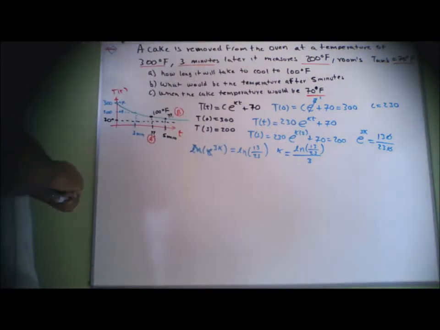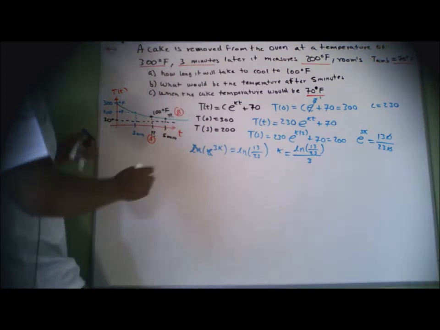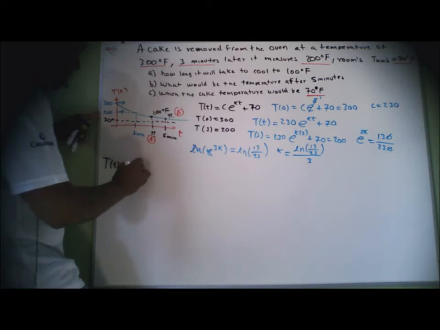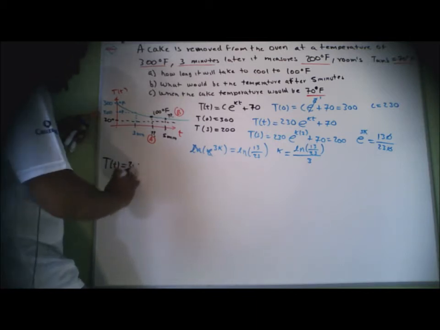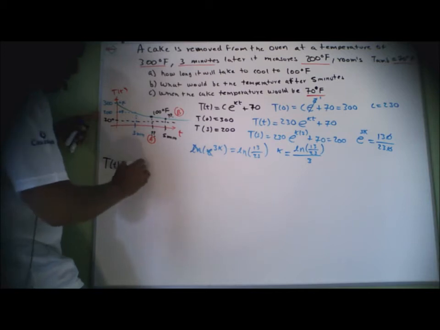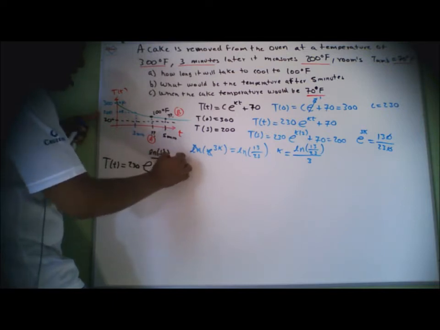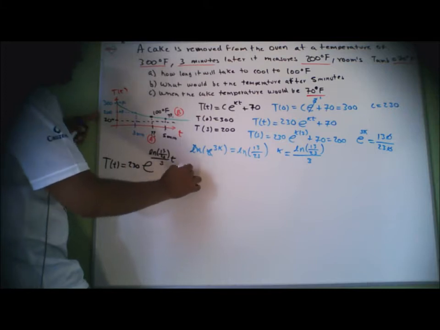So the model is something like this. T of t is equal to the constant 230 exponential of the natural logarithm of 13 over 23 divided by 3, times the time, plus 70.